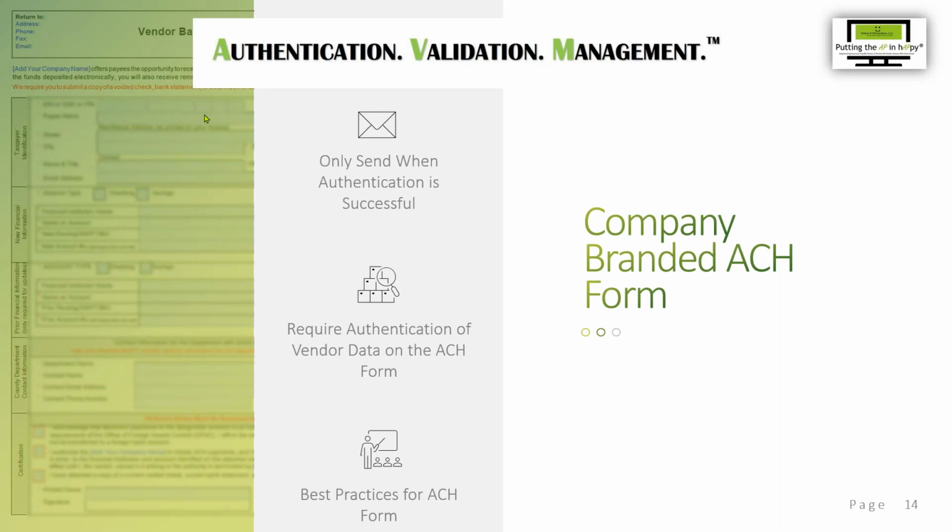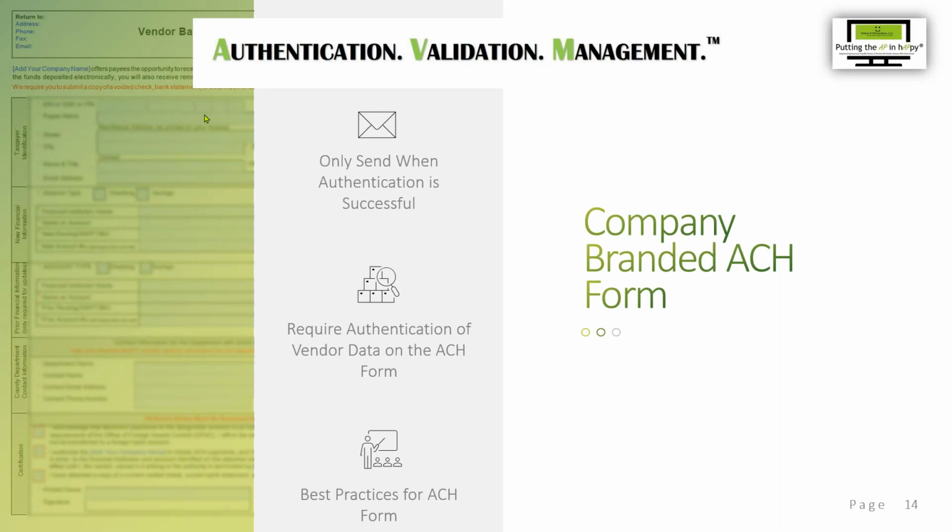Now, once they successfully authenticate, instead of accepting their banking details on company or bank letterhead, which can be forged, or maybe in addition to accepting their banking details on those documents, send them a branded ACH form and require authenticating data on the form.